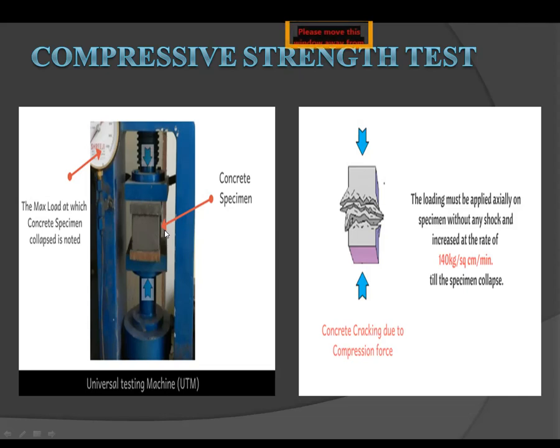And its importance is, as we all know, concrete is a mixture of four ingredients: sand, cement, aggregate, and water. The strength of the concrete depends on many factors like the individual compressive strength of its constituents, that is cement, sand, and aggregate, the quality of material used, the mix proportion, water cement ratio, curing method, and temperature effects.